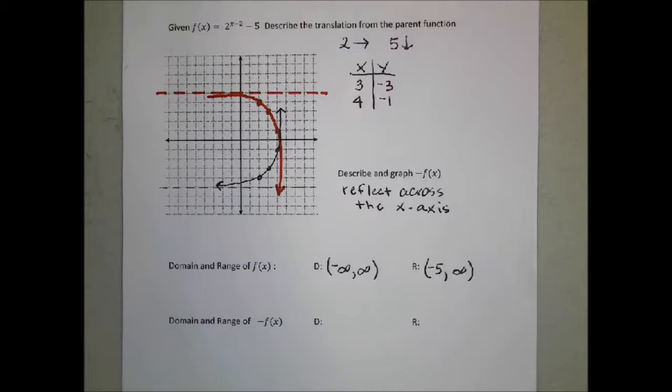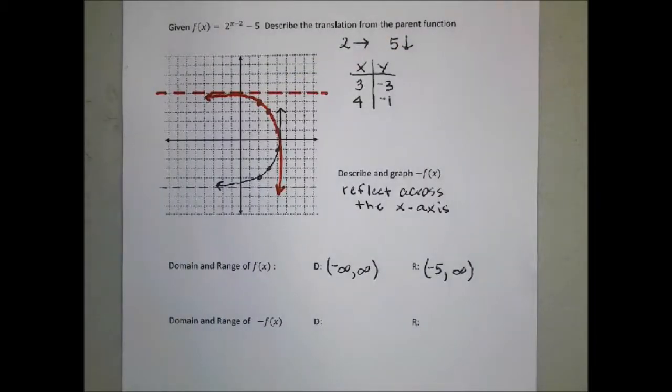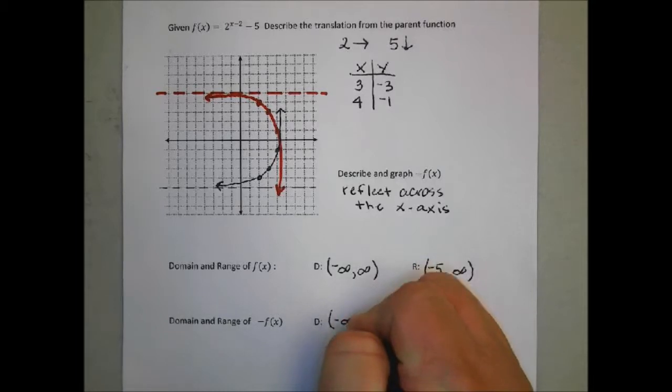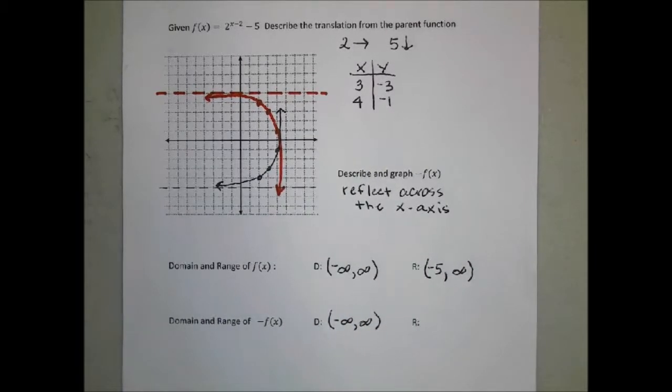So let's look at the domain and the range of that graph. Well, the domain is still the same, all the way to the left, all the way to the right, opening to the left and the right forever and ever. So negative infinity to positive infinity. Now the range.